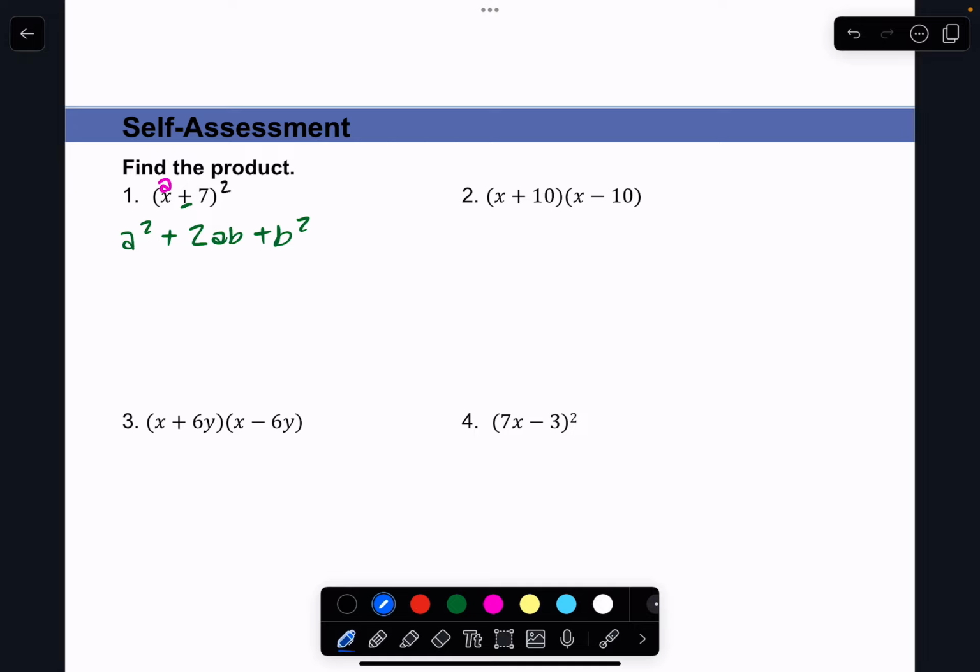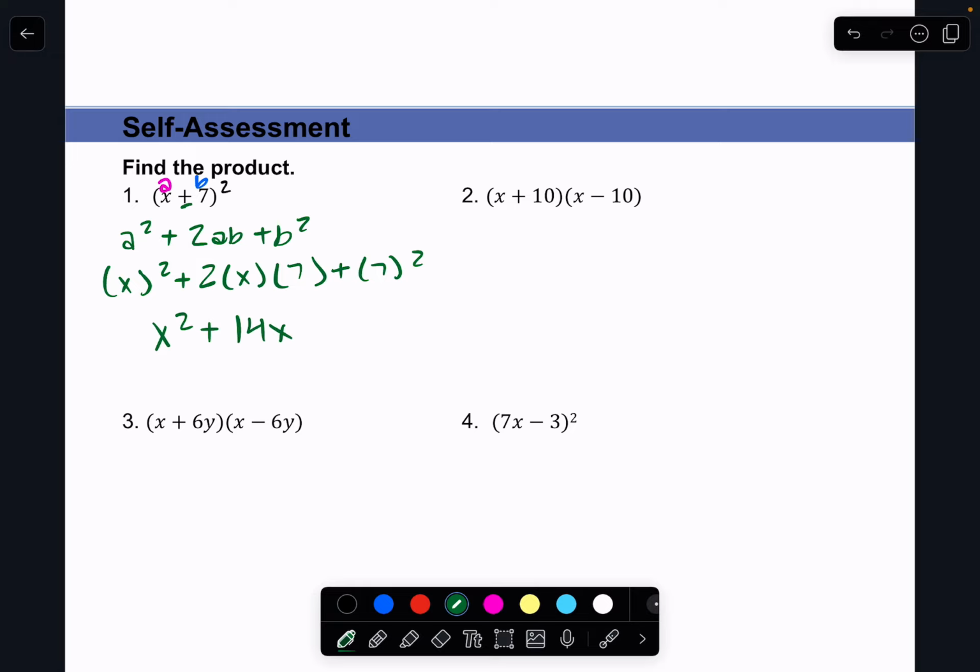There my a is x, and my b is 7. So a squared is x squared plus 2 times x times 7 plus 7 squared. All I did was plug in my numbers. So we've got x squared plus 2 times x is 2x times 7 is 14x plus 7 squared is 49.